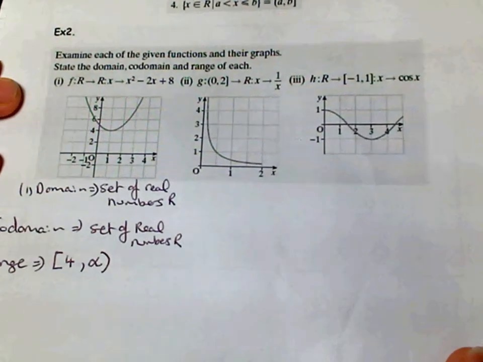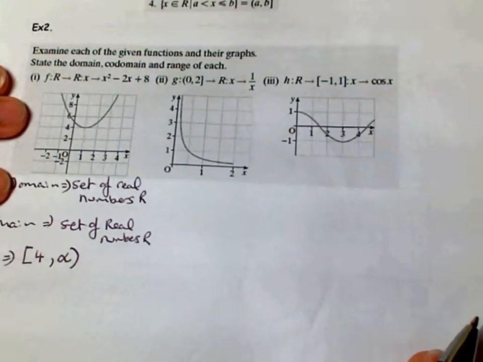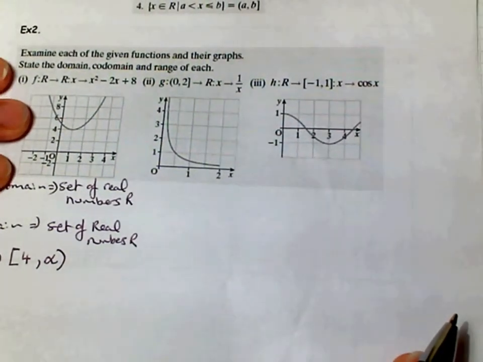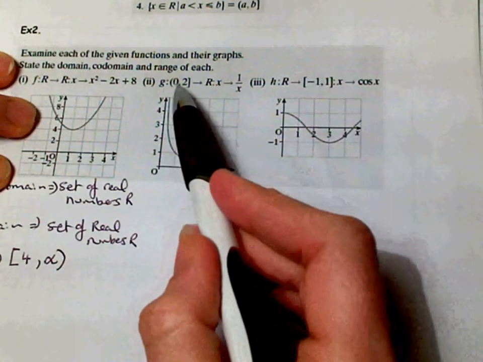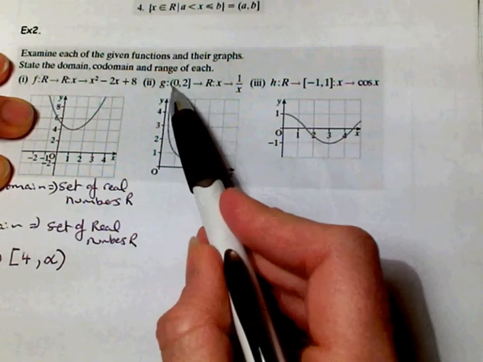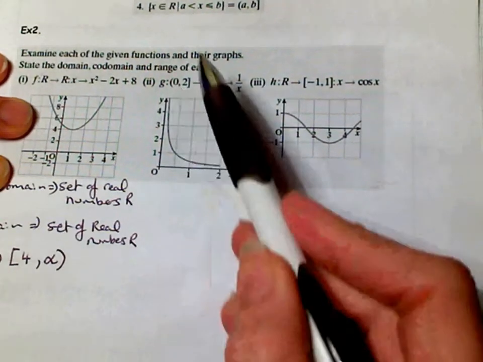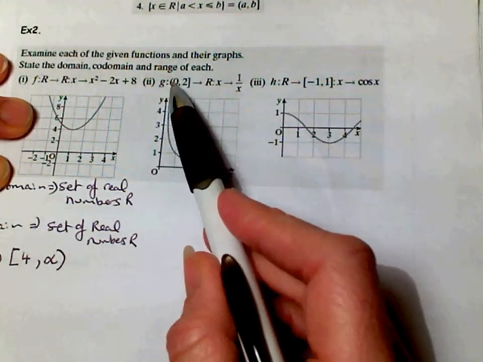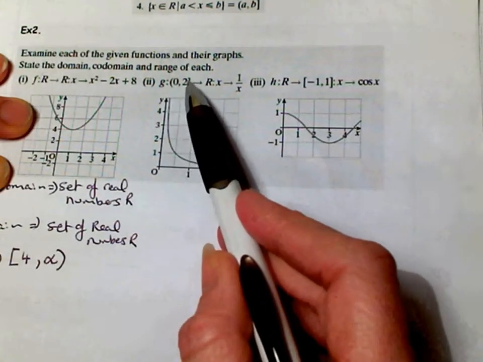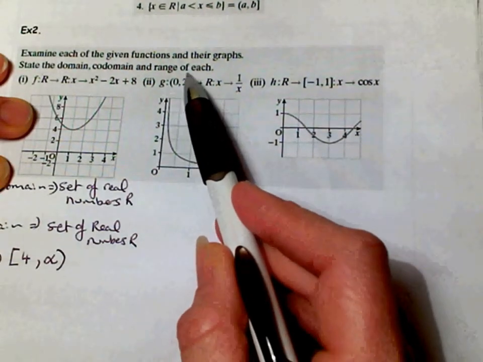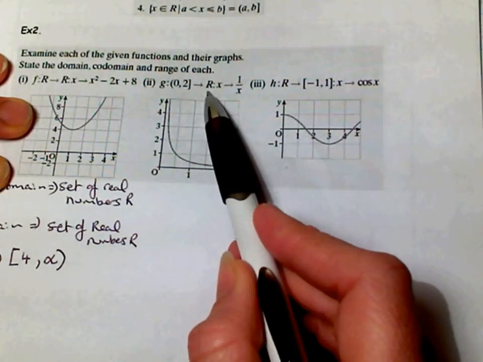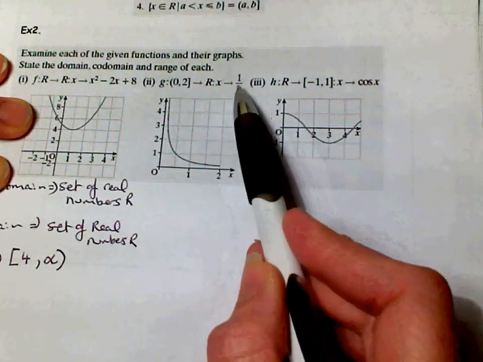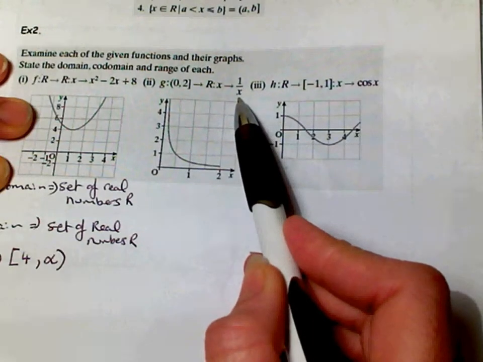Moving on to part 2, we have the g function. Your round bracket is a giveaway: it goes on before 0, and 2 is included with your bracket, and your codomain is R. Then you're given your output, 1 over x.